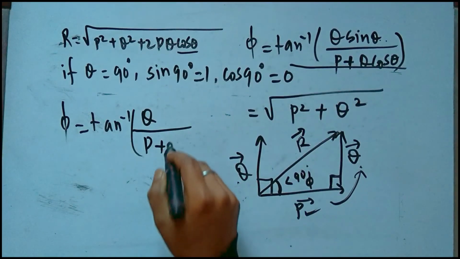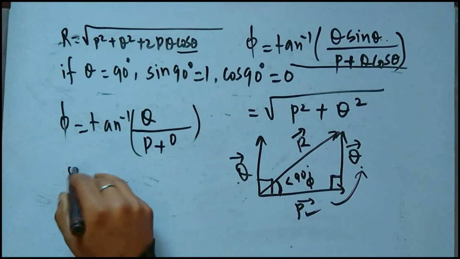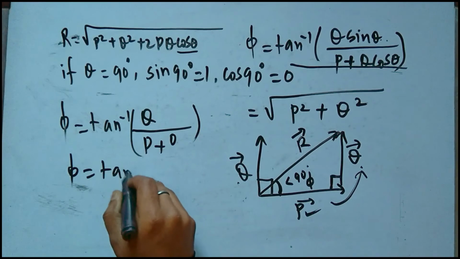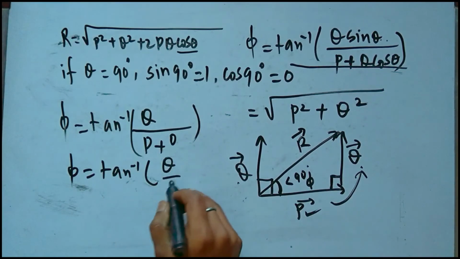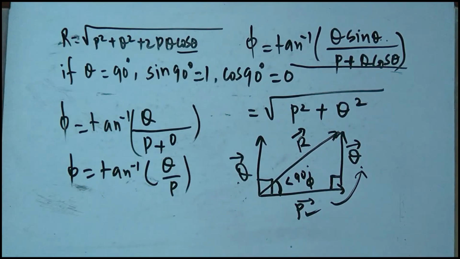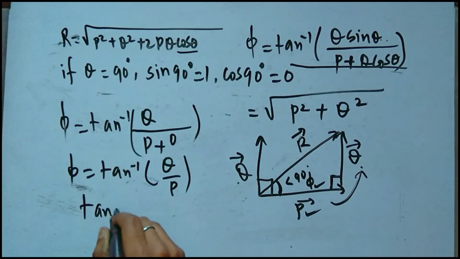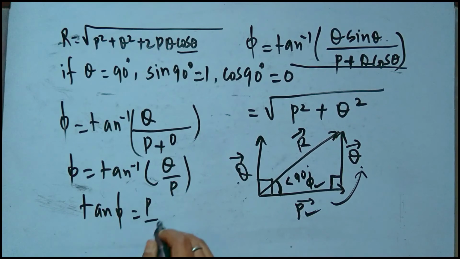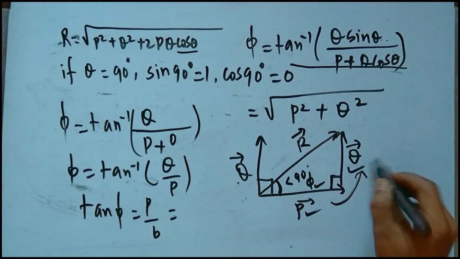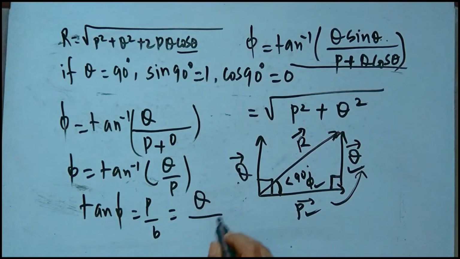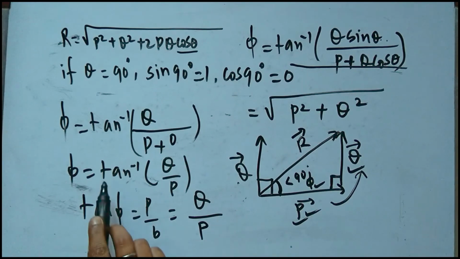Cos 90 is 0. So phi is equal to tan inverse Q by P. Or simply we could have done tan phi is equal to perpendicular by base, the perpendicular being Q and the base being P. So phi is again tan inverse Q by P.